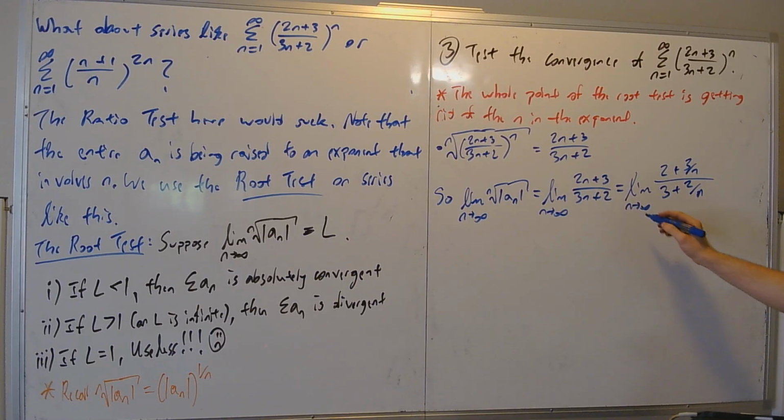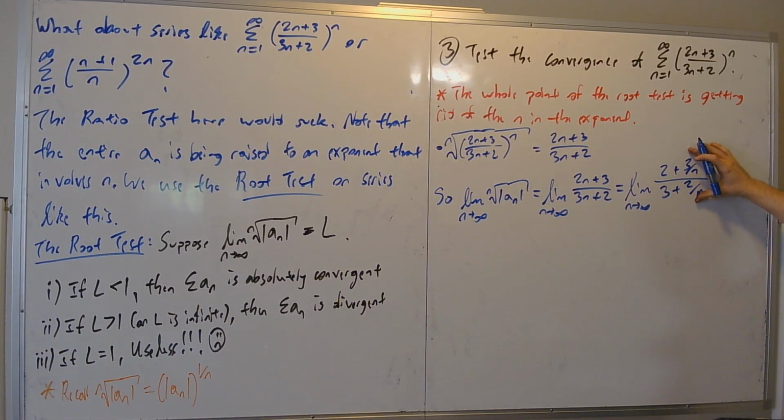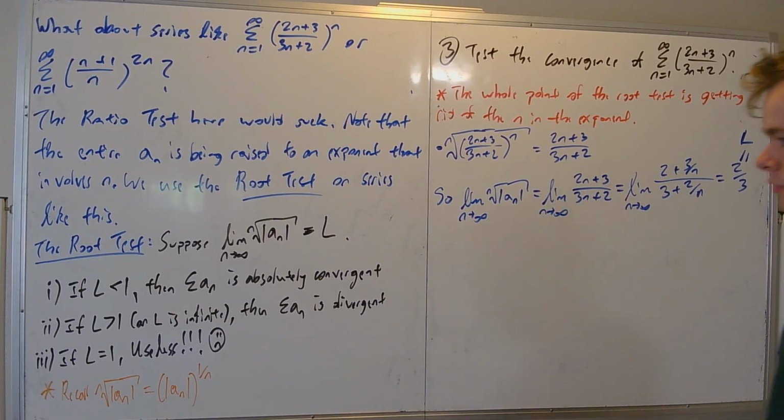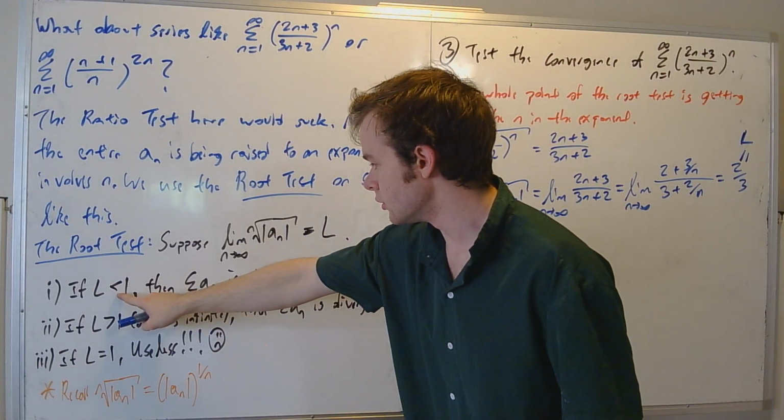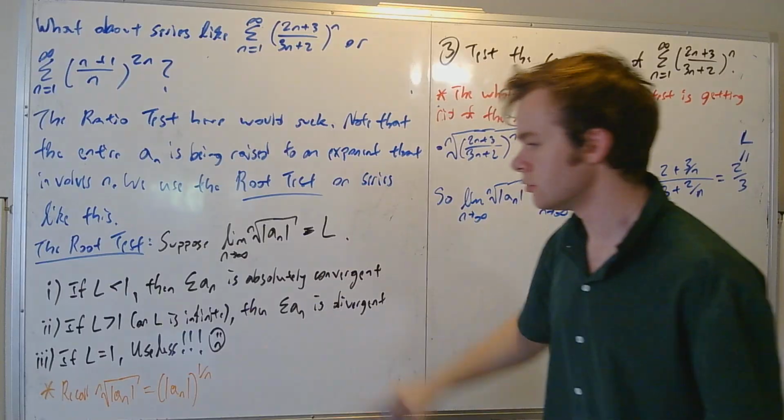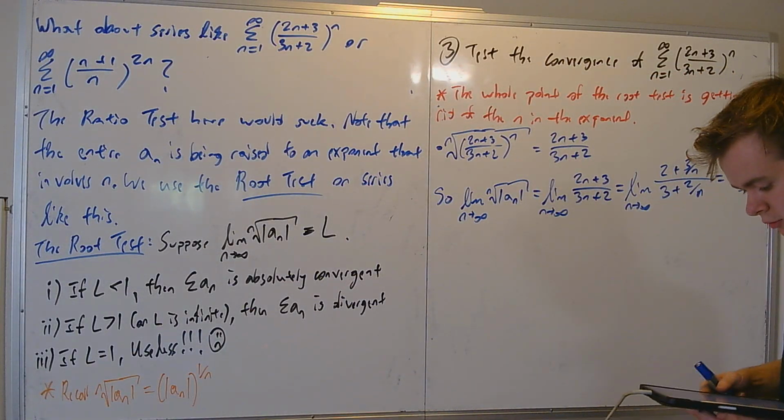And now notice n is going towards infinity, so these two fractions are going away. And now we're just going to get that this is 2/3. Now remember this is capital L. So if L is 2/3, it's certainly less than 1. So we know that it's absolutely convergent, which is very good.